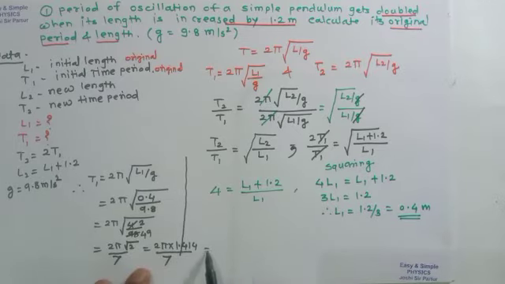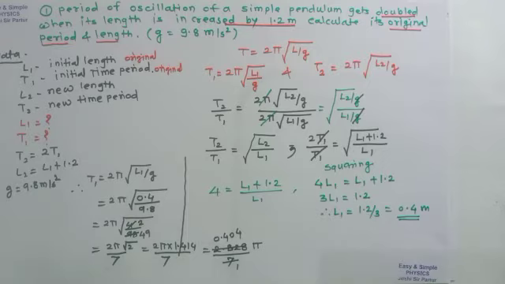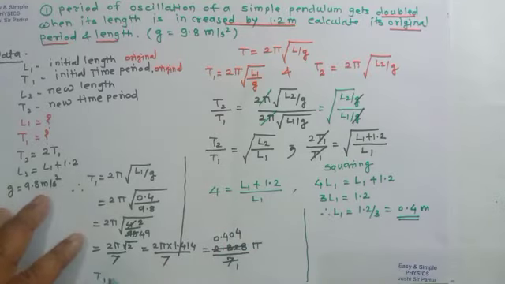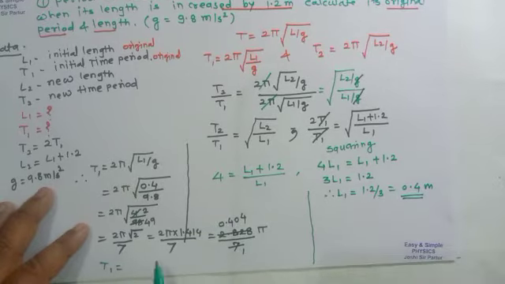So here 1.414 times 2 is 2.828, upon 7, which is 0.404. So the original time period will be T1 equal to 0.404 into 3.142.